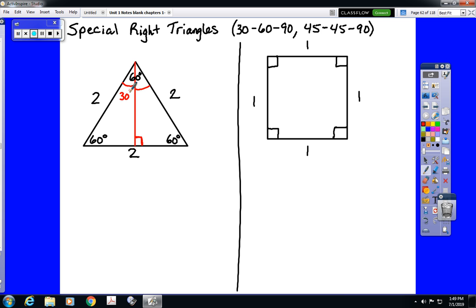So what we've done is we have broken that 60-degree angle into two 30-degree angles, and we have broken this 2 into two pieces that are 1 unit long each.